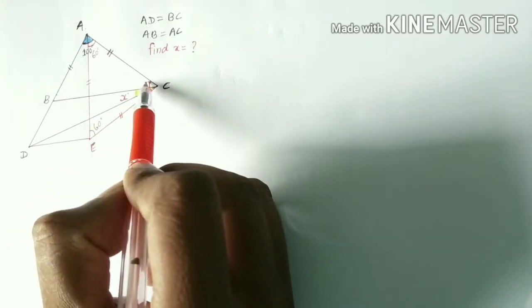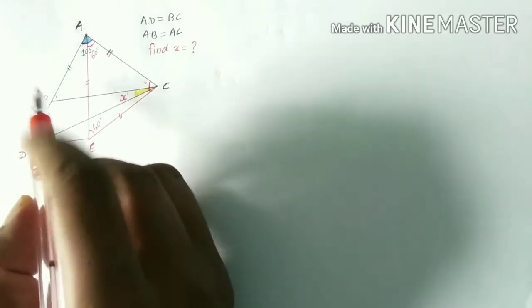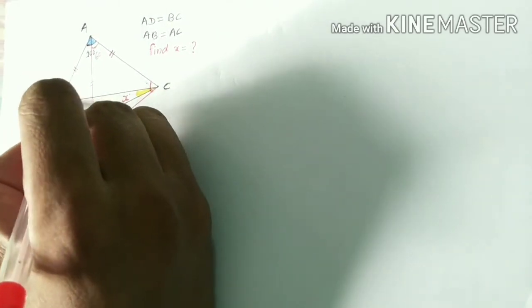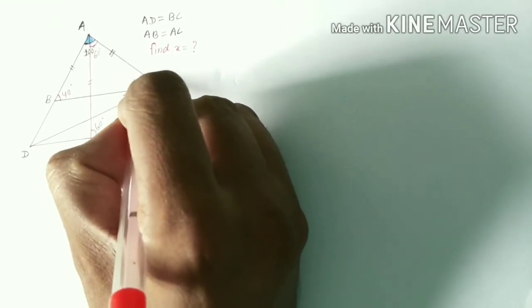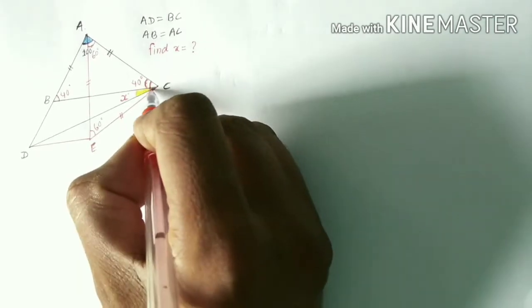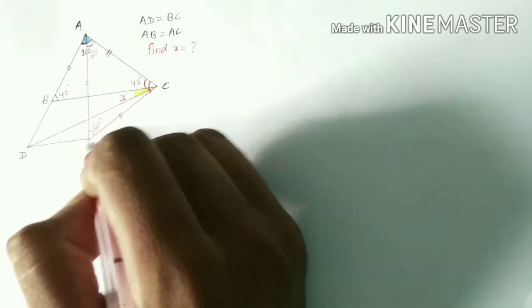These 2 angles are equal because the base angles of an isosceles triangle are equal. So these angles will be 40 degrees each. And this whole angle is 60 degrees, because I have already told you that this is an equilateral triangle.